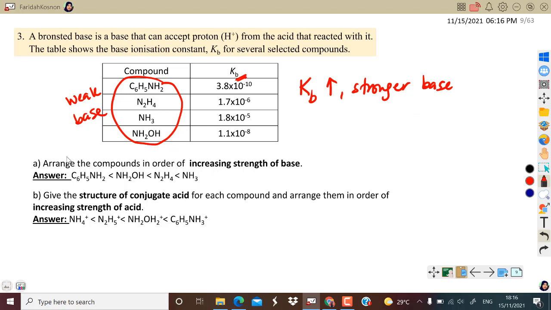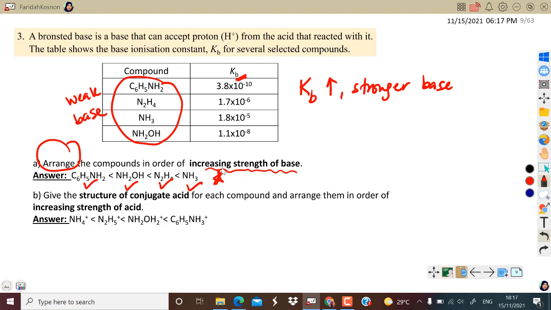Jadi soalan minta arrange the compounds in order of increasing strength of base. Daripada the weakest base goes to the strongest base. So the weakest base, kalau you refer Kb value, goes to C6H5NH2, followed by NH2OH, next N2H4, and the strongest base goes to ammonia, as it is.